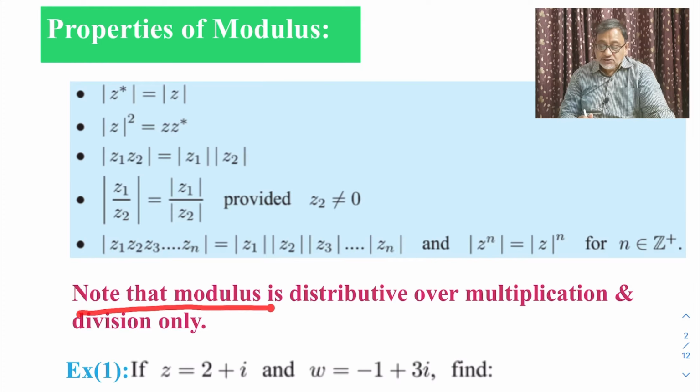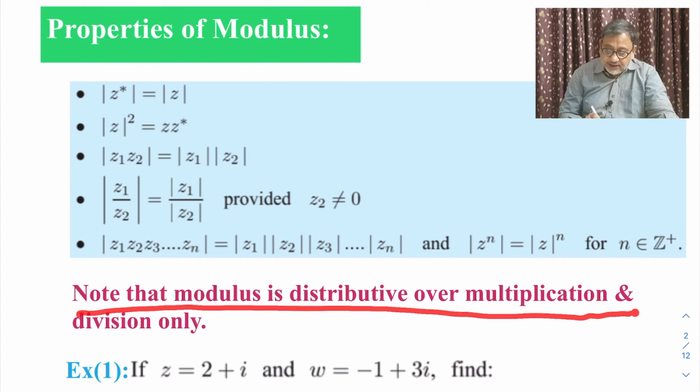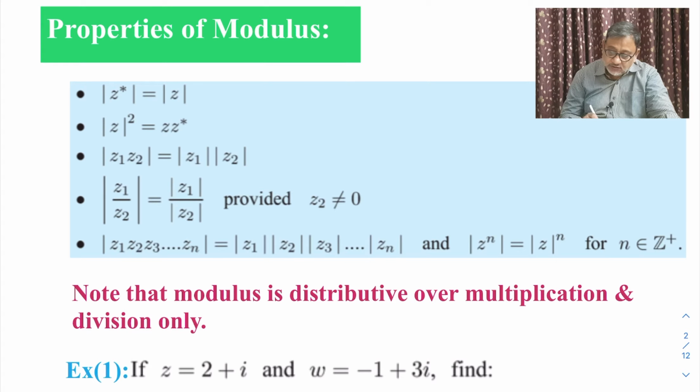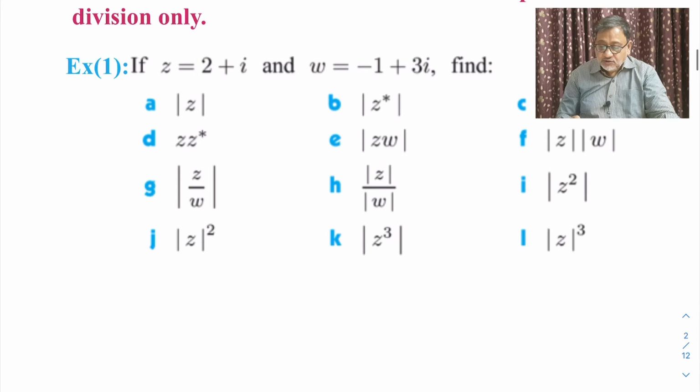So I hope this is clear to you. Note that modulus is distributive over multiplication and division only. It cannot be distributive over addition and subtraction except in a few cases. There are always exceptions in mathematics, you already know about it.